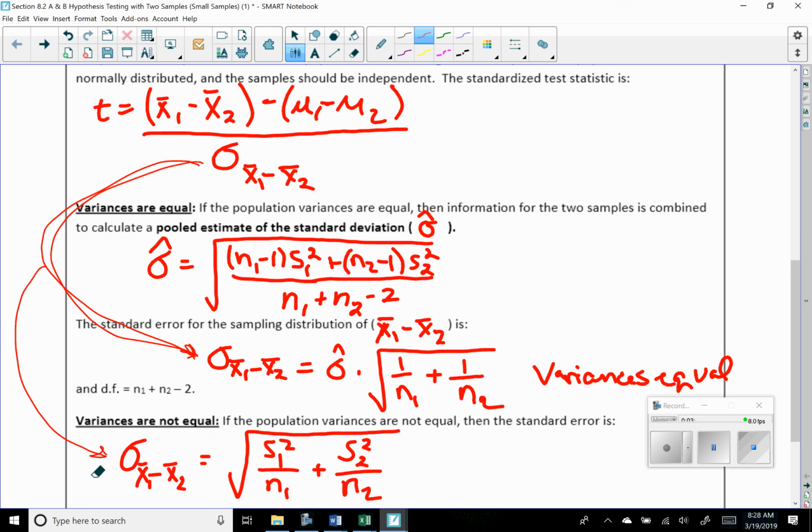And then we calculate the standard error depending upon whether they are or not. Here's the other part that's a little bit confusing. This is a huge equation in reality. Once you calculate this, it gets plugged in here. A lot going on, right? So if you actually look at this equation and you plugged this in here, like I just said, this is a really big calculation. So when variances are equal, there's a lot of work in order to just get the standard error that goes under here.